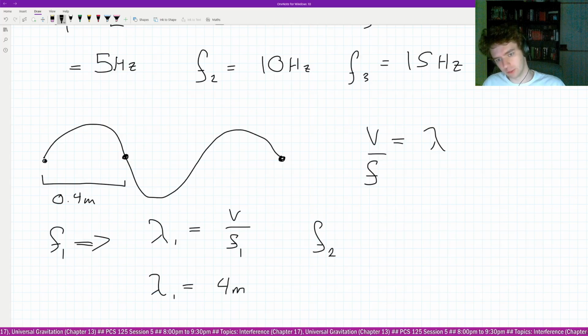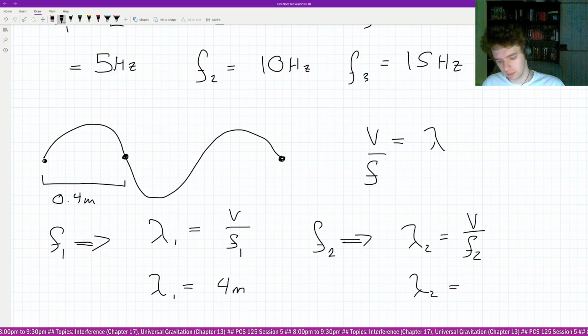So F2 will get us lambda 2, which is V over F2. Lambda 2 is 2 meters.